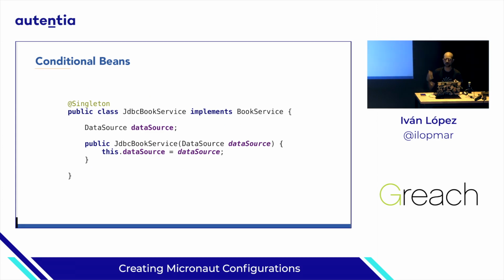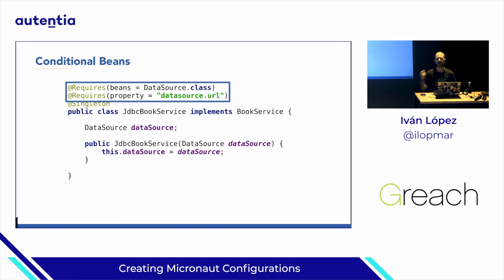In order to create this bean, we can annotate the class with @Requires, and it's a repeatable annotation, so you can put any number of conditions. In this example, we are saying, okay, in order to create this JDBC book service bean, I need a data source bean, and I also need the property data source URL defined in the configuration.